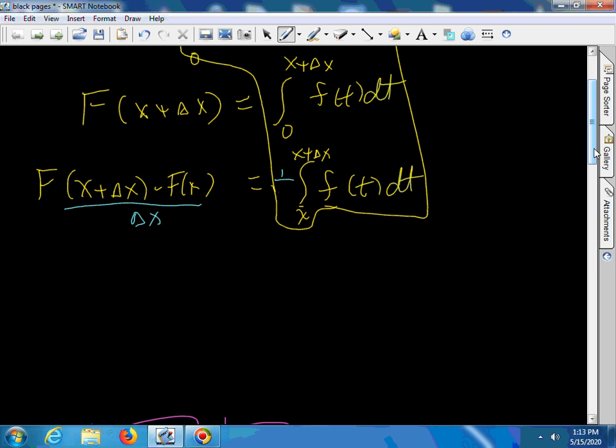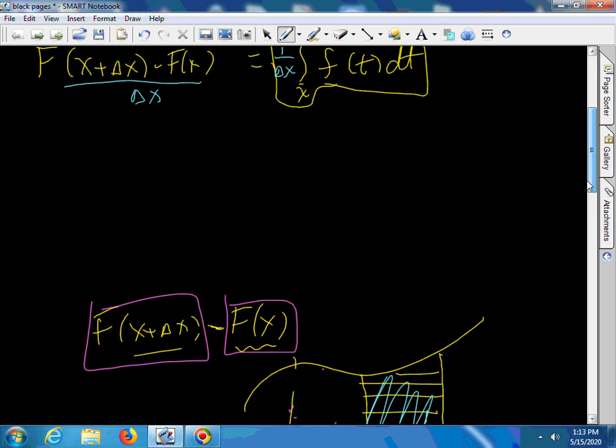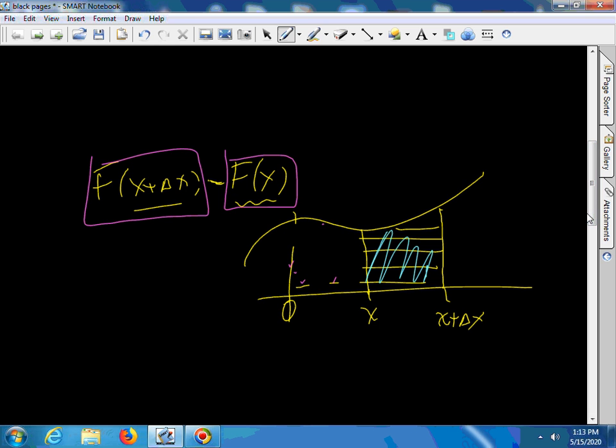So over here, I'll divide by delta x as well. Now, let us look at this area. This area is what's in blue and yellow.